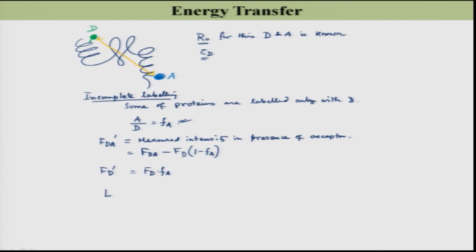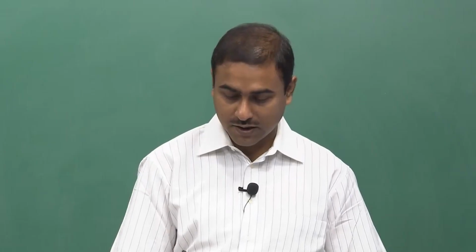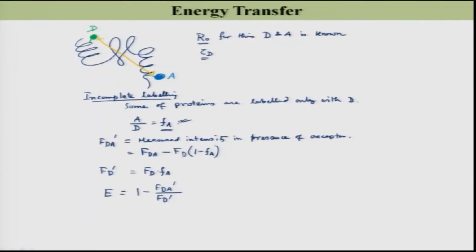So, the efficiency of energy transfer should be written as 1 minus F DA prime by F D prime, right. I do not measure F DA prime and F D prime. What I measure is F DA and F D, that is it. I do not know what F DA prime and F D prime are, but if I somehow know this F A, then only it is possible for me.